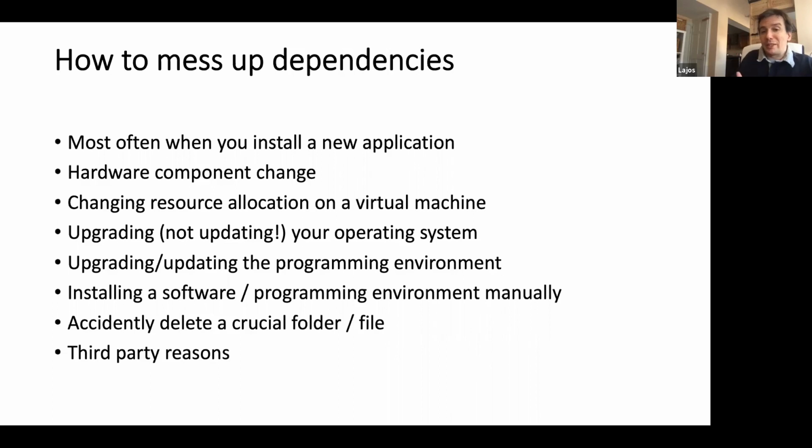You want to allocate a bit more memory to Windows and take it away from your virtual machine, from your Linux, and it will just stop working because it's not enough memory anymore for the SAMtools. So you have to be very careful with your virtual machine.